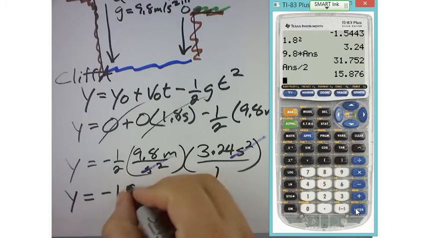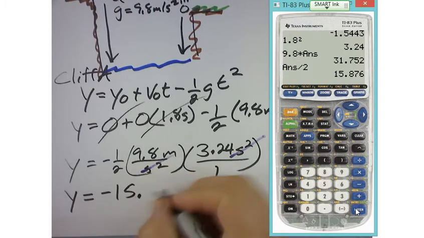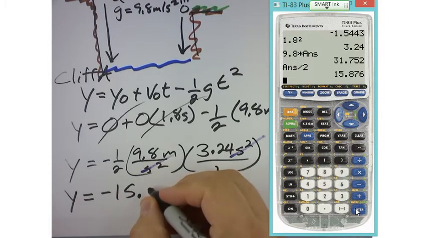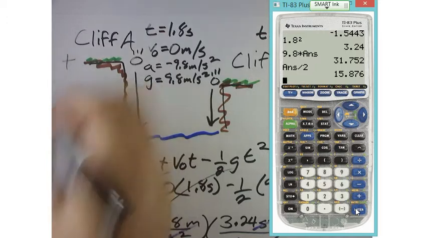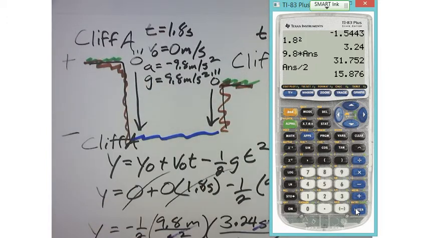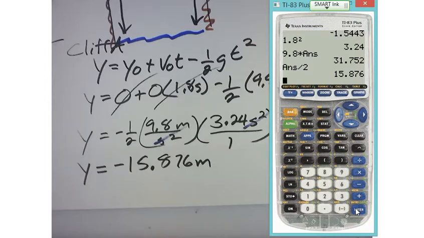Now why is it a negative distance? Well, because going up is positive and going down is negative, right? So the height of the cliff is 15.86 something.